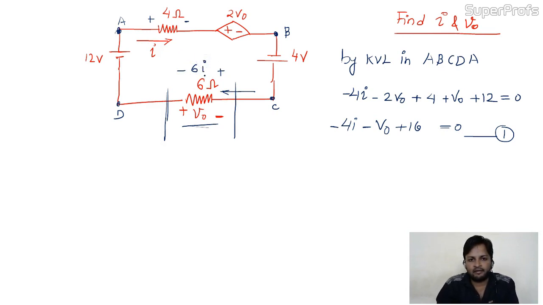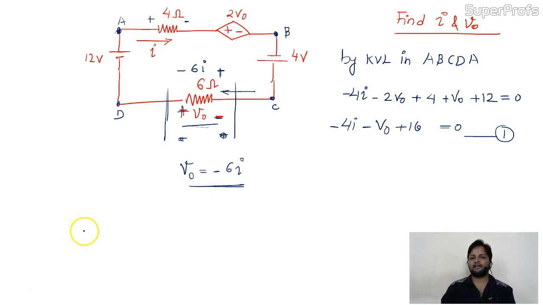Why will the polarity be this? This is higher potential, this is lower potential, because current is entering this element from this side. So the entering terminal will be at high potential and the ending terminal at lower potential. The polarity of V0, if you observe, is given opposite to this. If the V0 polarity were given like this, then simply we could say V0 equal to 6I. But here the polarities are opposite to each other, so V0 is nothing but minus 6I.